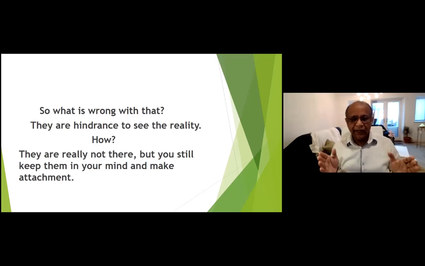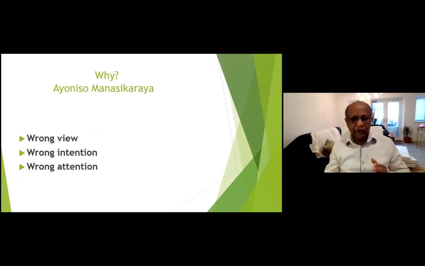They are a hindrance to seeing the reality, because we are keeping these objects in our mind. We carry them away from the past. So we are carrying things from the past and we think about the future. Therefore, what we need to do is use yoniso manasikara.